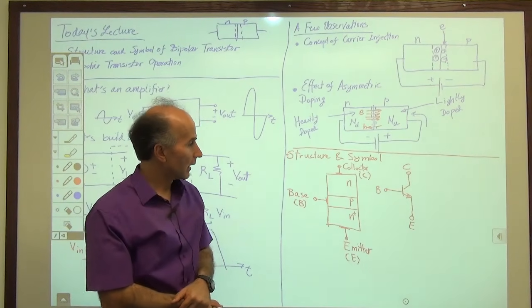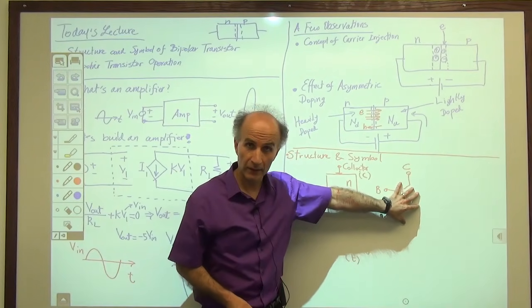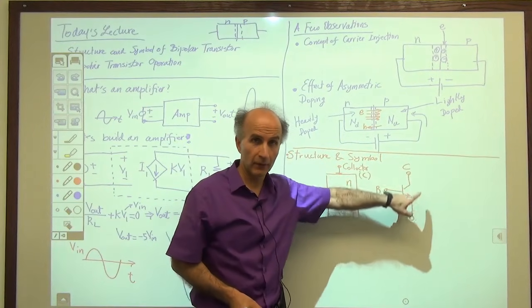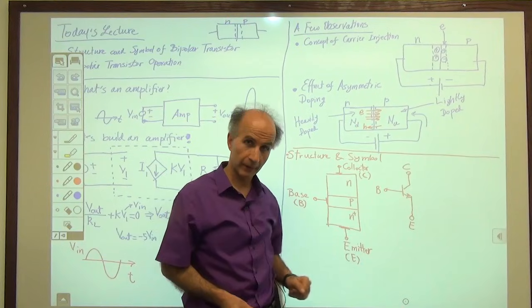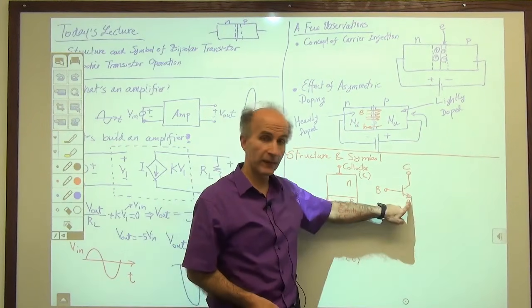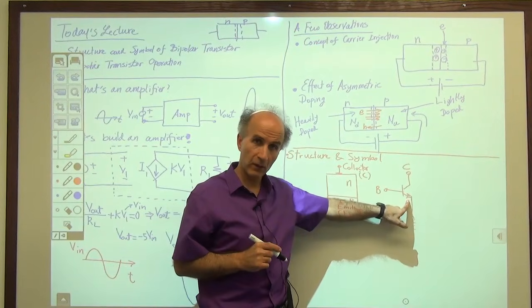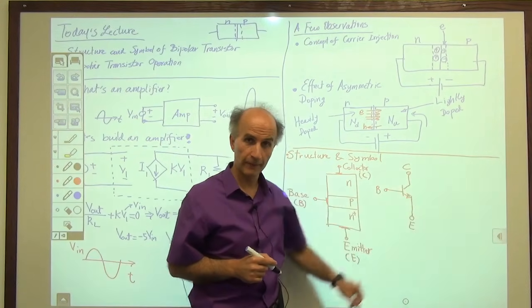You can see that this symbol is also asymmetric, and this arrow is what distinguishes the emitter from the collector. So there's always an arrow on the emitter terminal. Now, whether the arrow points outward or inward depends. For now, we are using this structure, and for this structure we have this symbol.